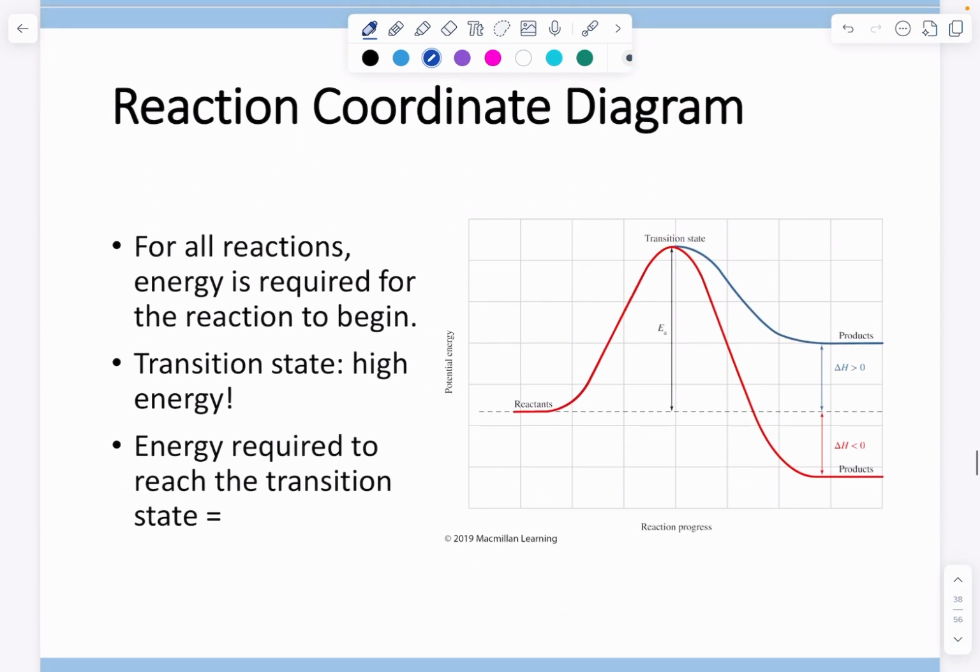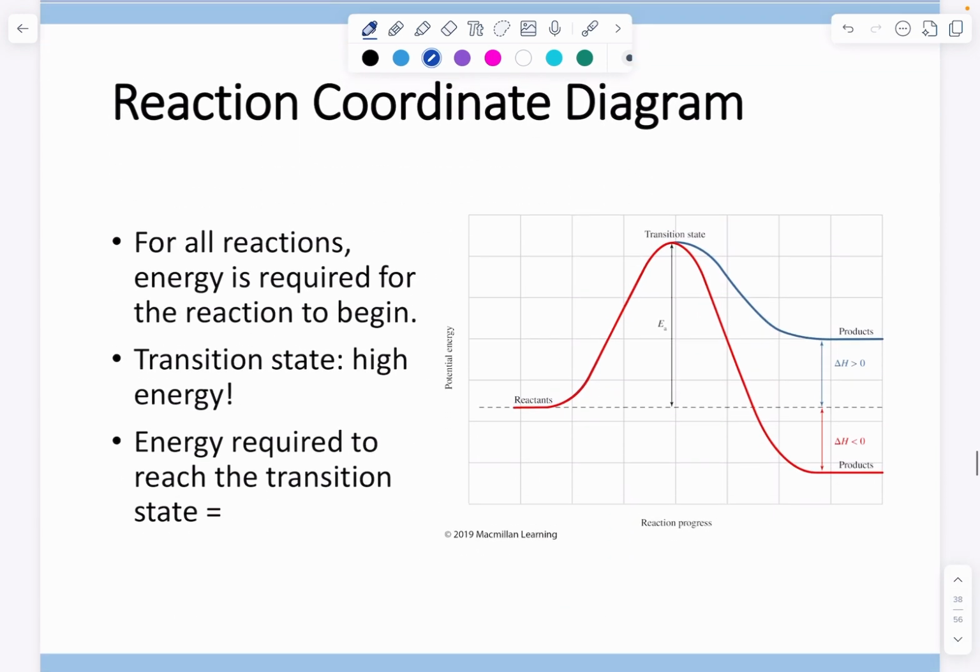Okay, so for all reactions, energy is required for the reaction to begin. This is a reaction coordinate diagram. We have reaction progress on the x-axis and potential energy on the y-axis. Reactants always start at some energy. Then energy is required to get to this transition state.